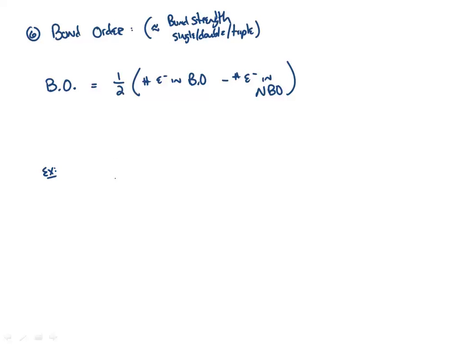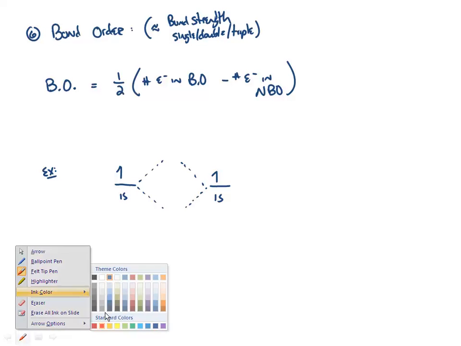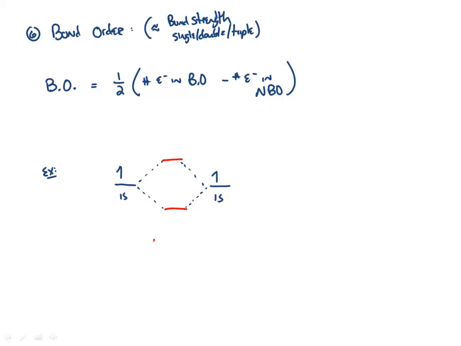So if we take a look at hydrogen, that's the easiest example. There's a 1s orbital and a 1s orbital, and each hydrogen atom has an electron. And then we can draw our molecular orbitals. Actually, I'm going to draw the molecular orbitals in red, simply to keep them separate. So these are my molecular orbitals. And if I put 2 electrons in them, then I get 1 electron here and 1 electron there.